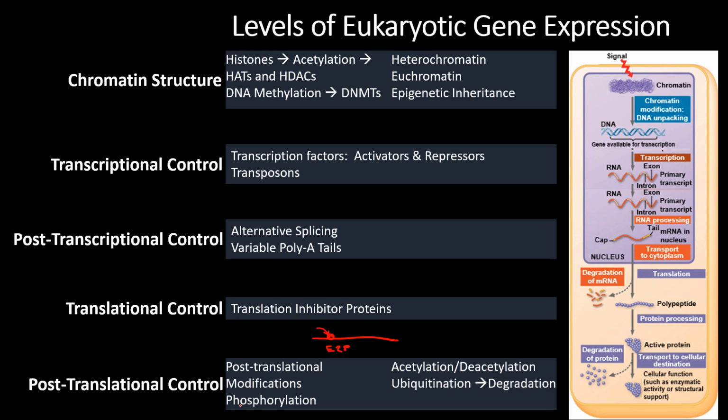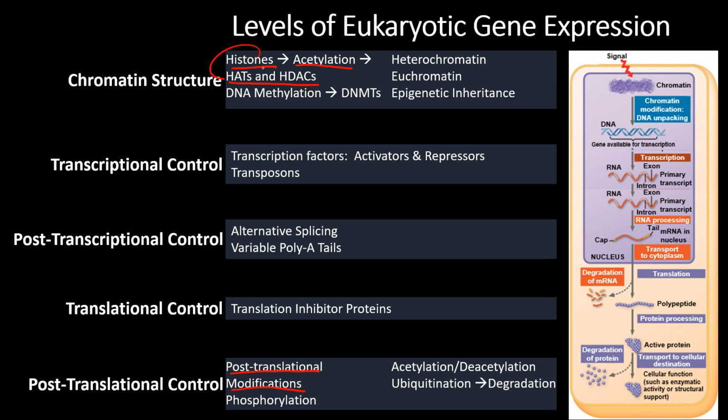So phosphorylation is a very important example of post-translational modification. If you remember all the way back at the beginning of this, we talked about HATs and HDACs. Acetylation is another example of a post-translational modification, where we're taking that histone protein, right?